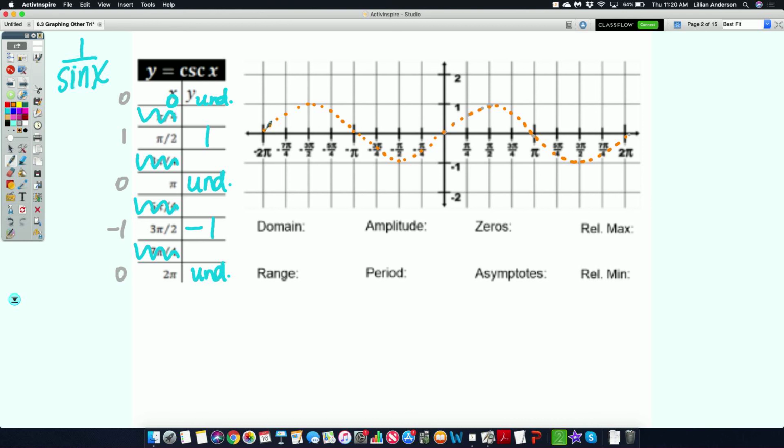Now, if you notice on the sine graph, every x-intercept is undefined on the cosecant graph, right? So, again, that meant that we have asymptotes at every x-intercept on the sine graph. So I'm going to go ahead and add those in.